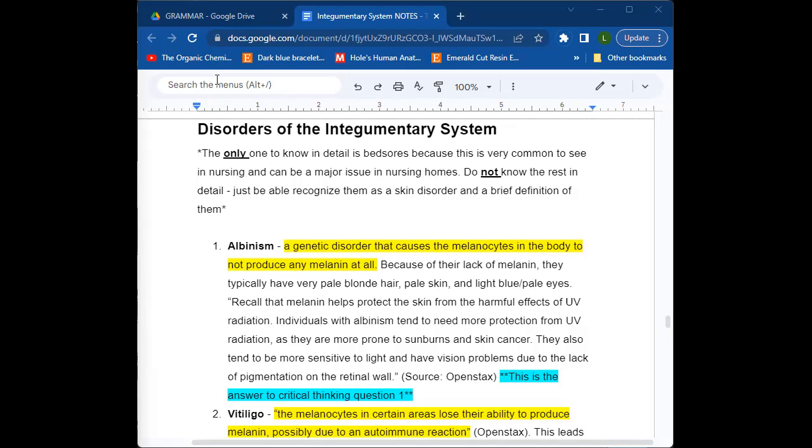But in addition to lacking melanin and looking different, it's actually a big problem because if we remember, melanin is our protection from the sun. So if you don't have any melanin, you don't have any protection from the sun. So these people are extremely sensitive to sunlight. Very, very sensitive.